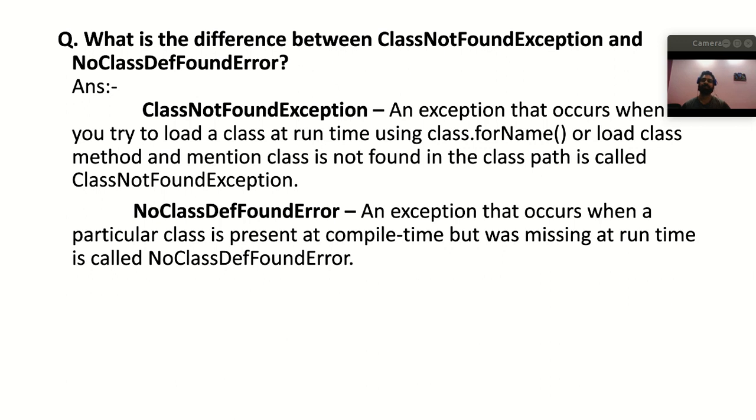So the compiler will compile all the classes and it will not give any error. But due to some circumstances or some issue, if that particular class is not present at runtime, then we may get a NoClassDefFoundError, right? So these are the two very important things, and this is very confusing. You can remember this, and this is a sure-shot question you may get, right?